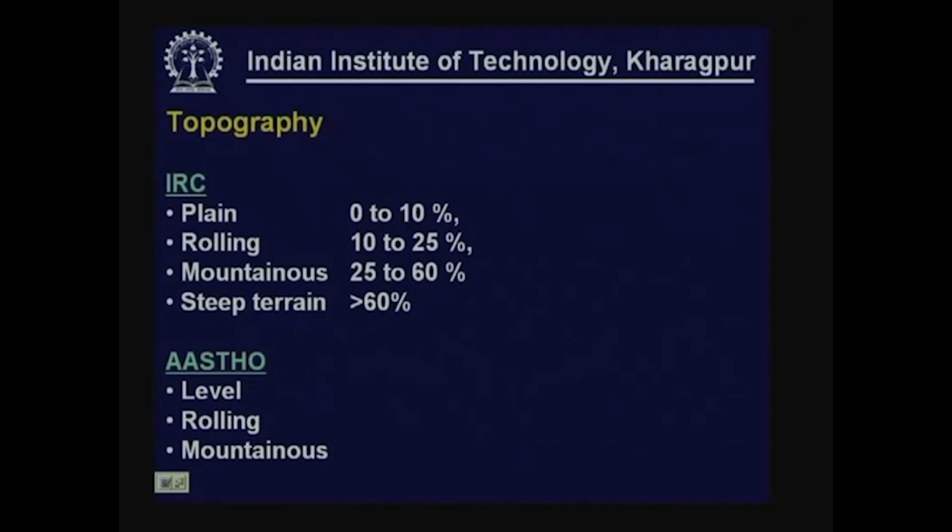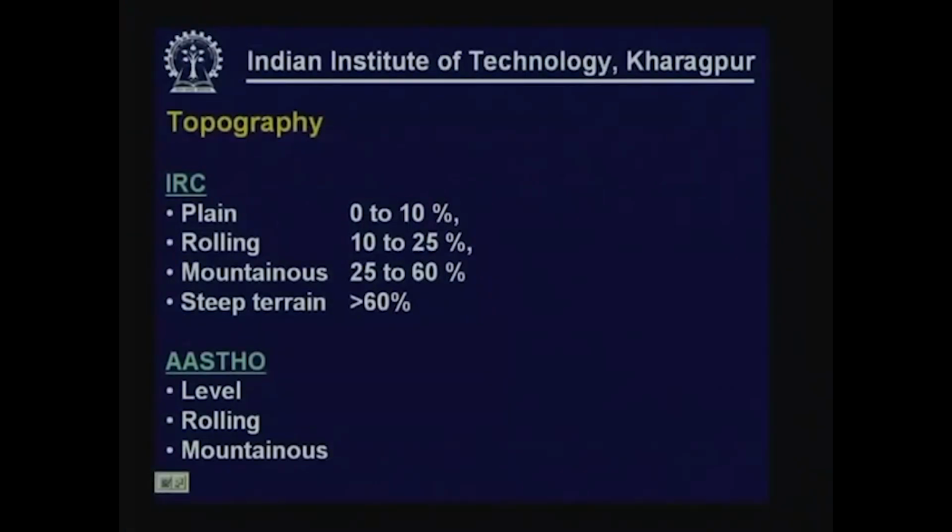So, terrain is classified based on the cross slope of the country. Cross slope is the slope approximately perpendicular to the road. This is expressed normally in percentage.